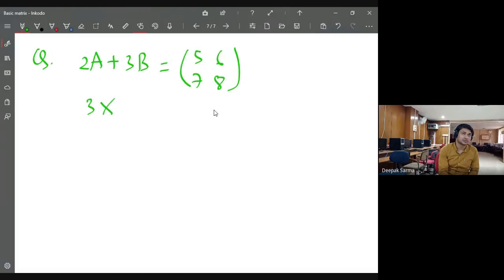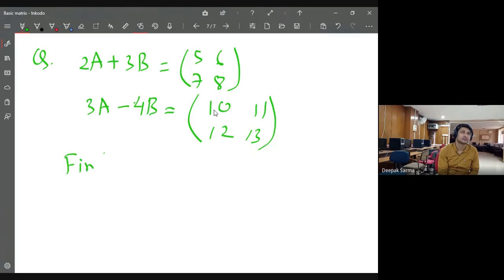Suppose 5A minus 4B equal to some other combination, suppose 10, 11, 12, 13. So what is the question now?